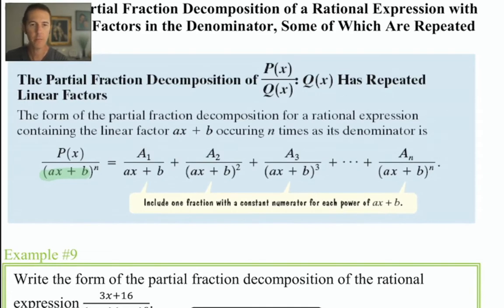And to the right of that, you're seeing 1, 2, 3, etc., all the way up to the nth instance of that linear factor. So if it were ax plus b to the third, you would have ax plus b to the first, ax plus b to the second, and ax plus b to the third. Okay, and you wouldn't have any of the rest of this stuff.